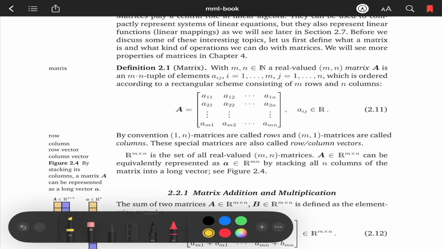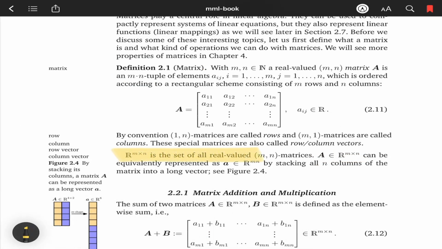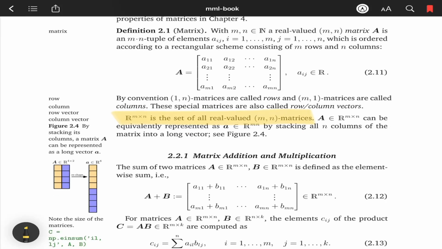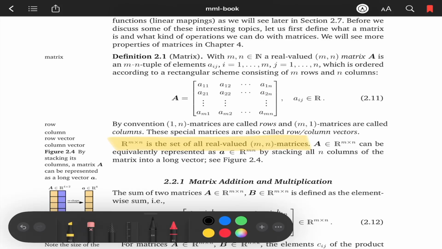So I think what's important is this part, R^(m×n). I'm not sure how to say that. It is the set of all matrices. So it's not one matrix, it's a set of all the matrices which can have the form m by n. And A, capital bold A, is a matrix.